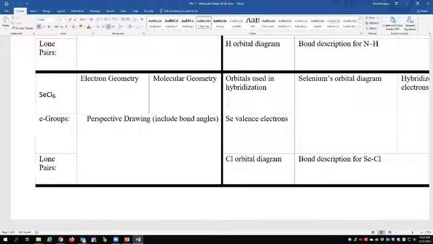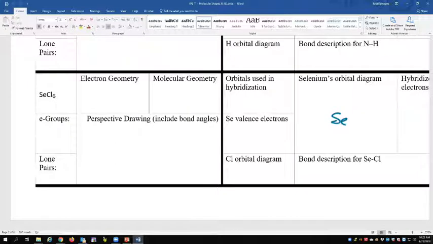So for this one, we're going to transfer our structure that we got from worksheet 10. I'll draw it over here.